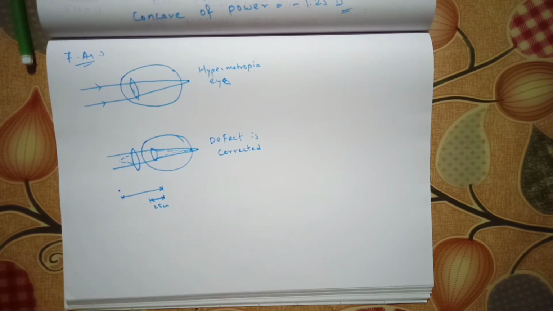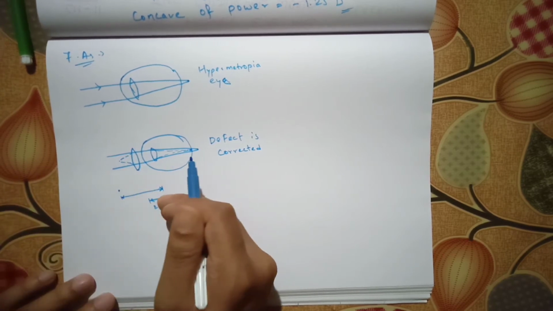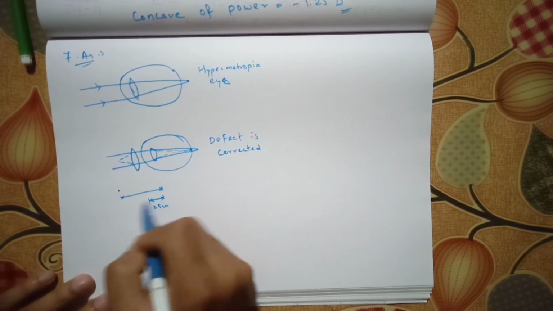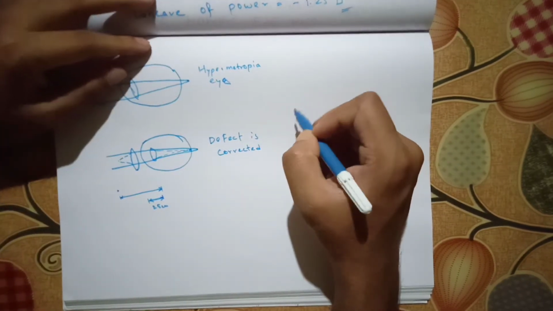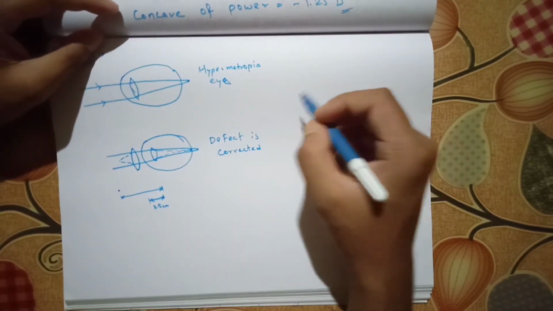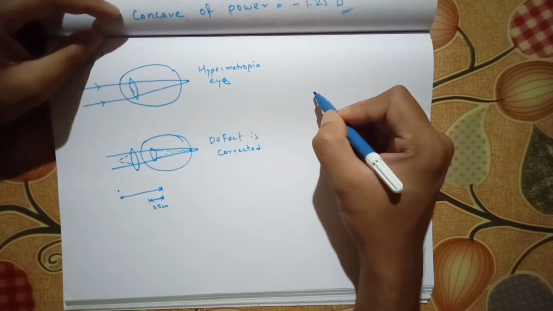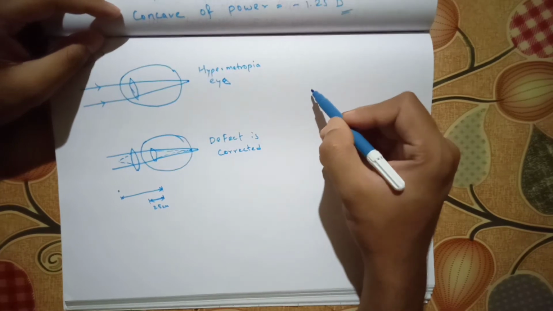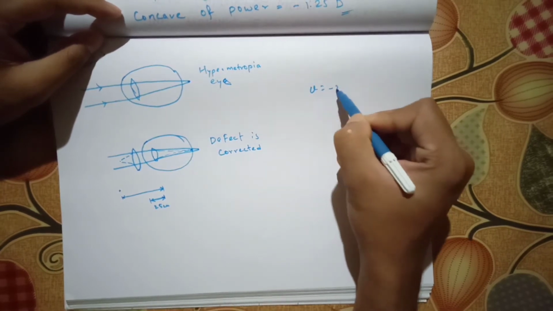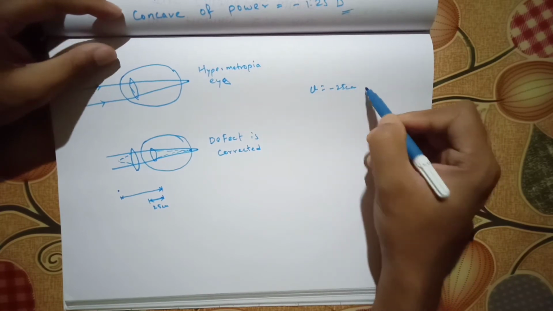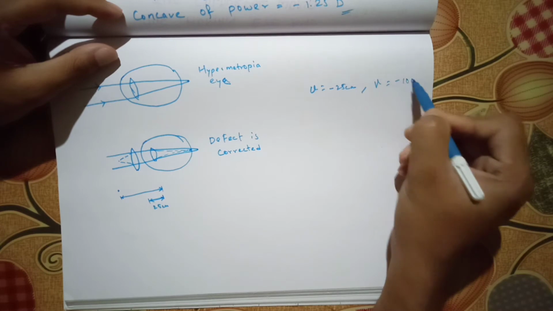So we have to push back this image to a far distance so that the person will be able to see this. So now how can we push that? Let us take this as u, which is the actual object, u is equal to minus 25 centimeter and v is equal to minus 100 centimeter.